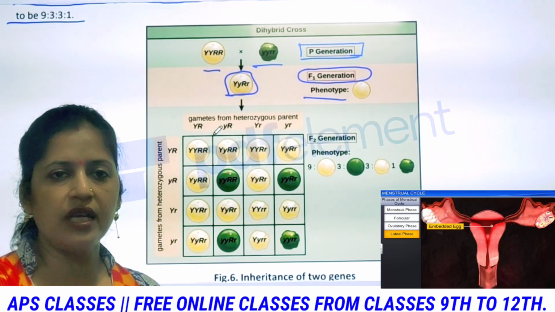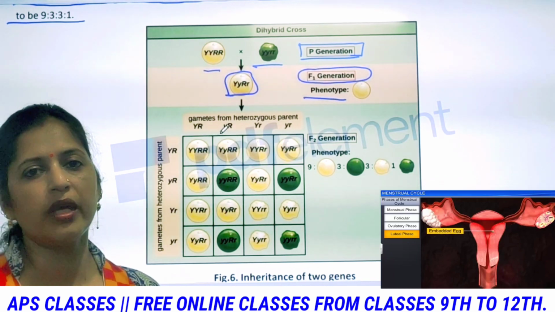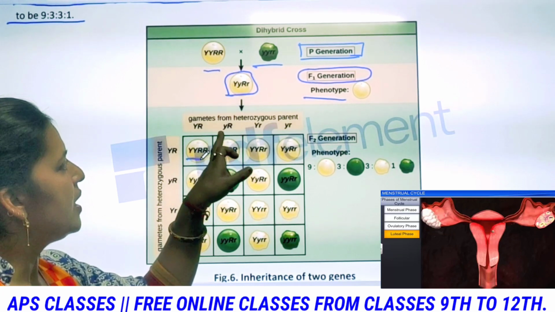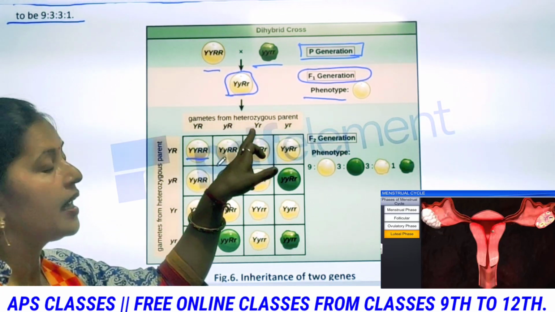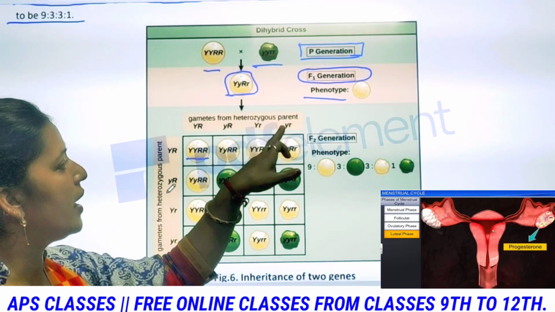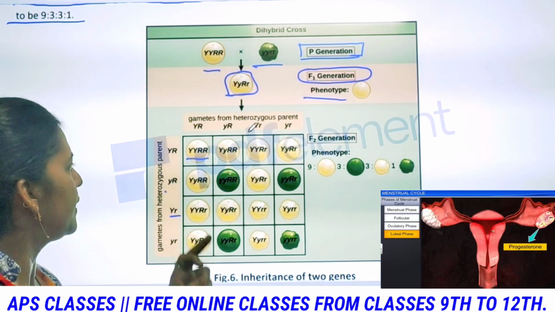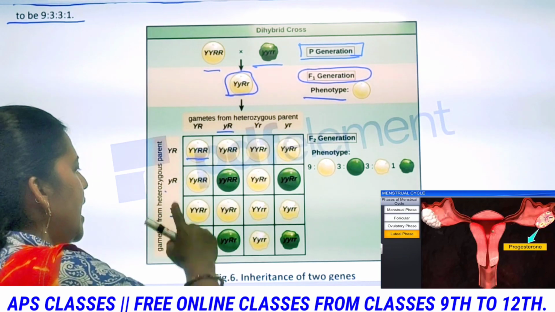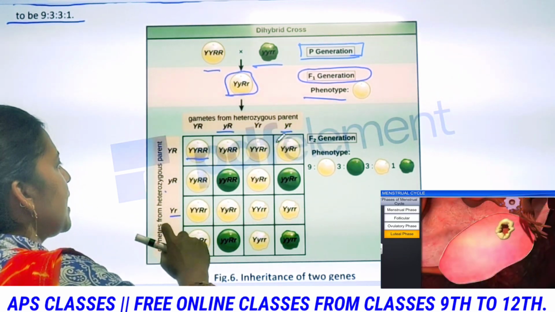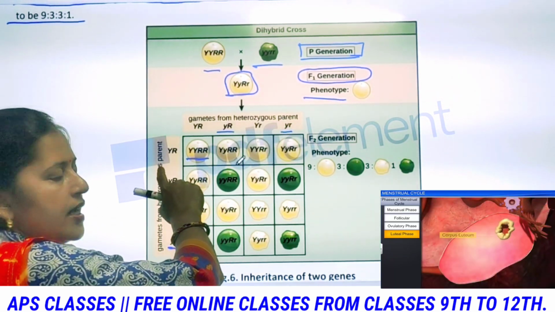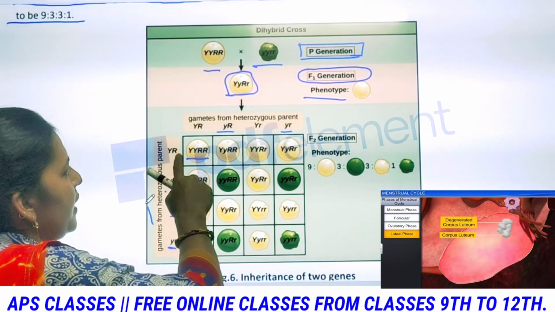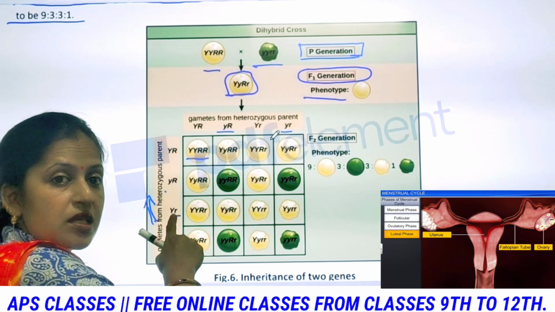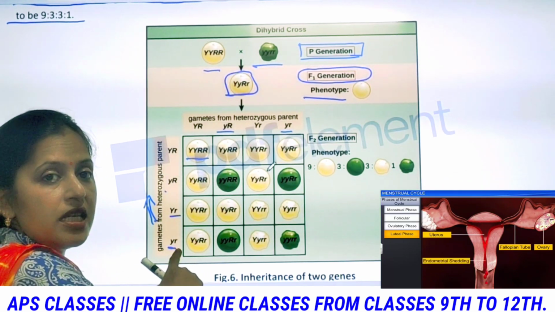The gametes formed are capital Y capital R, small y capital R, capital Y small r, and small y small r, from both heterozygous parents.